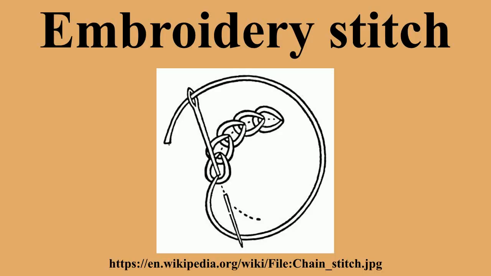The loop stitch is held to the fabric at the wide end by a tiny tacking stitch. Spanish chain or zigzag chain. Buttonhole stitches. Buttonhole or blanket stitches also catch a loop of the thread on the surface of the fabric, but the principal difference is that the needle does not return to the original hole to pass back to the back of the fabric. In the classic buttonhole stitch, the needle is returned to the back of the fabric at a right angle to the original start of the thread.